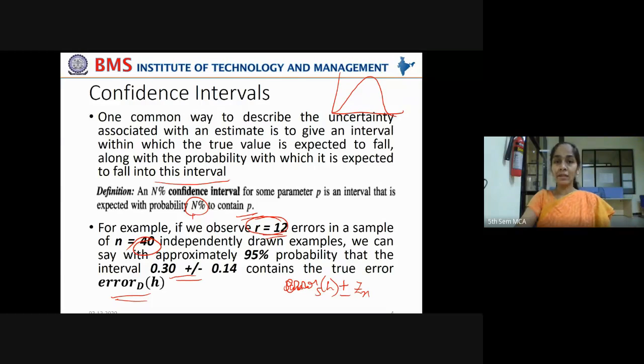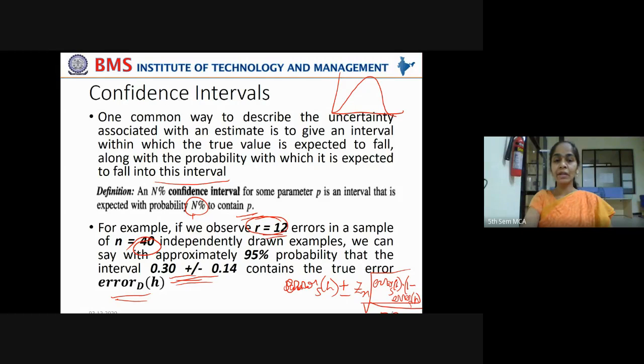And for other probabilities also, the Z value is given in the table. Do you remember that? So that critical value multiplied by the square root of sample error into 1 minus sample error divided by n. Okay, this is how you calculate the interval.